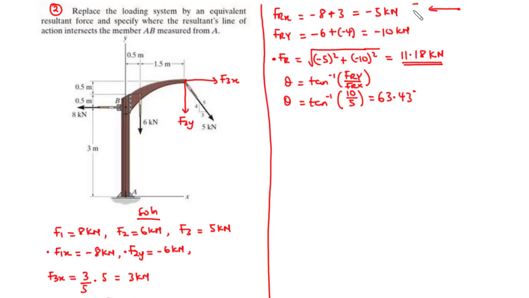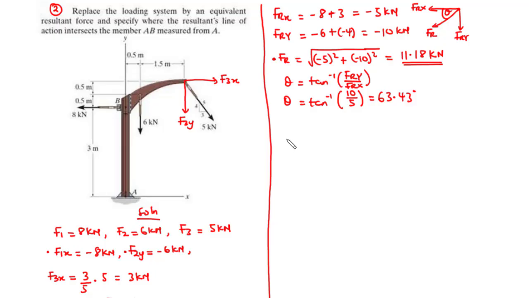So this is FRx, FRy, and this becomes FR, and we have this to be the angle theta. Now at this point, we are going to specify the distance where the resultant force line of action intersects the member AB measured from A.